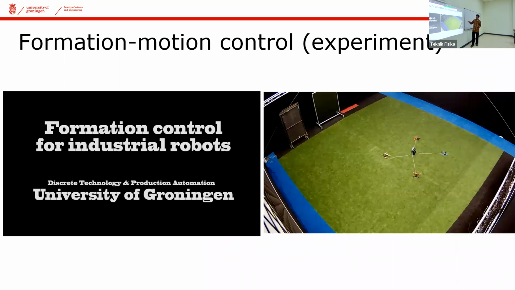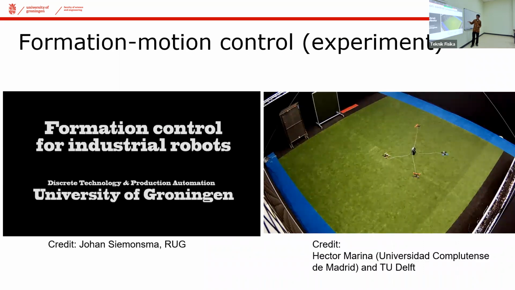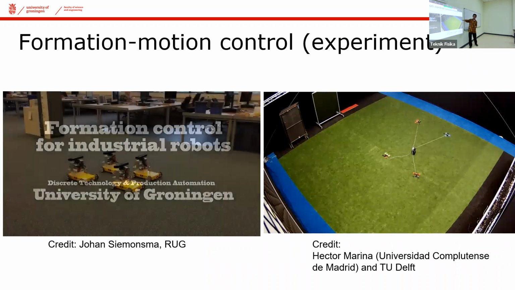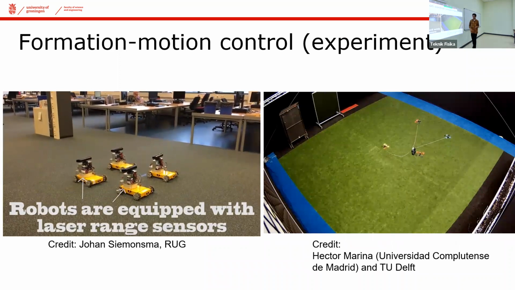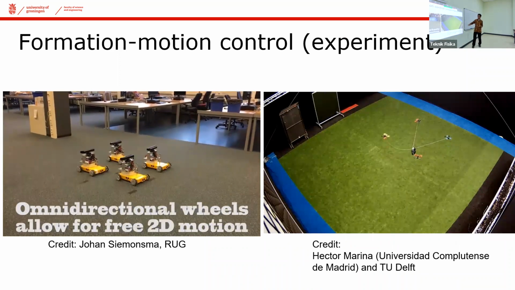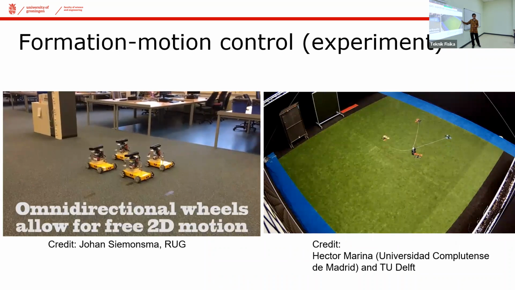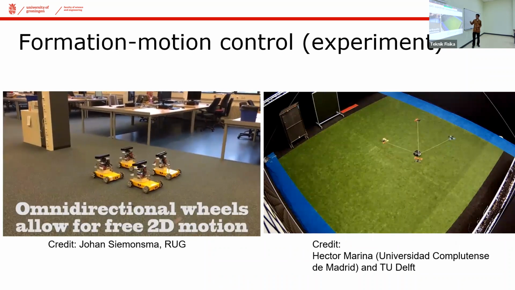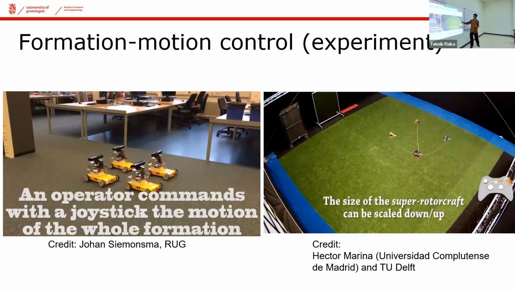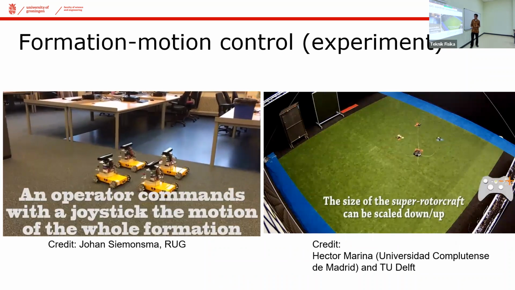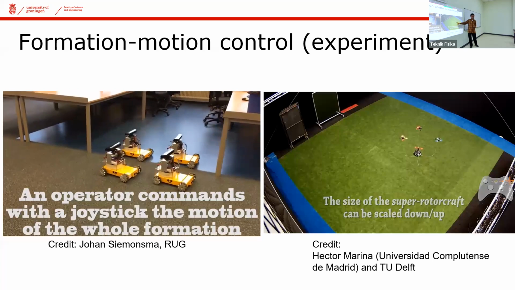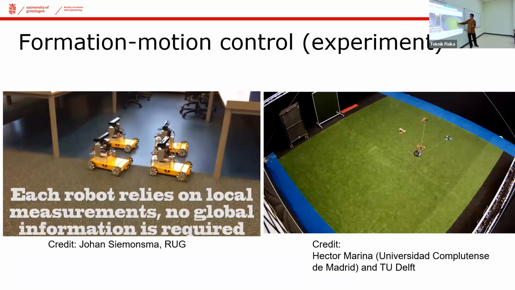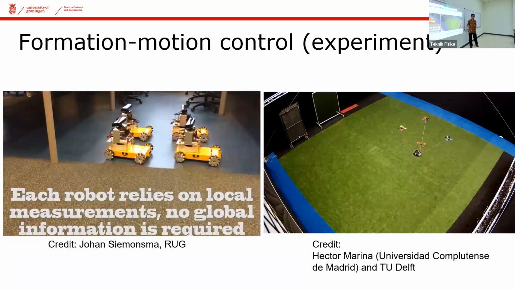In fact, in the experiments, you have seen how the whole group is able to move from one place to another, and that is using our algorithms. But the interesting part is on the right-hand side. In the right-hand movies, we're implementing it on quadcopters, and these quadcopters try to bring a heavy object, and this heavy object cannot be lifted by only one drone.